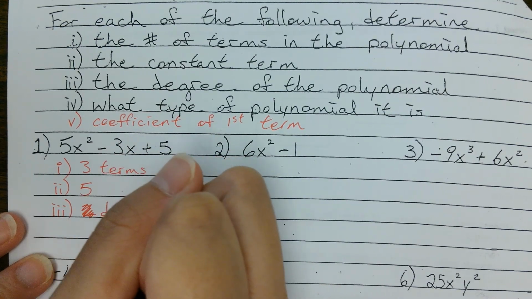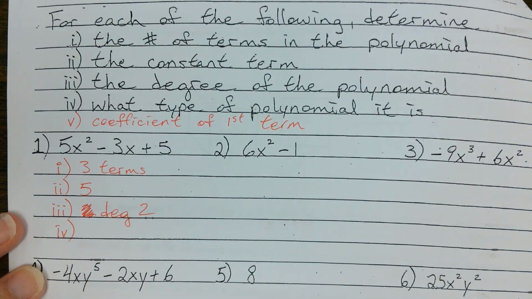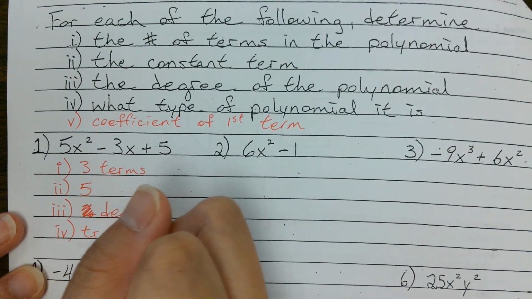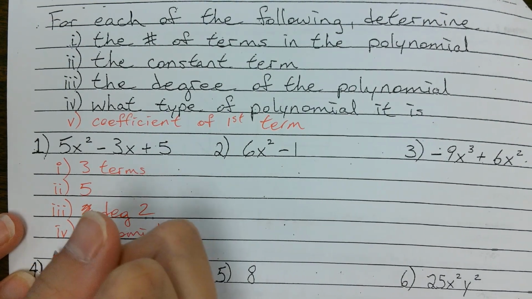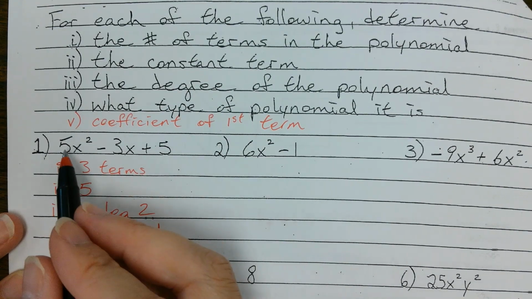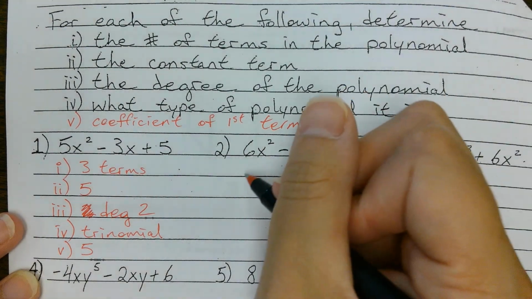Degree 2. What type of polynomial do we call this? Since there's 3 terms, we call this a trinomial. And what is the coefficient of the first term? 5. Yeah, because this coefficient means the number in front of the variable.